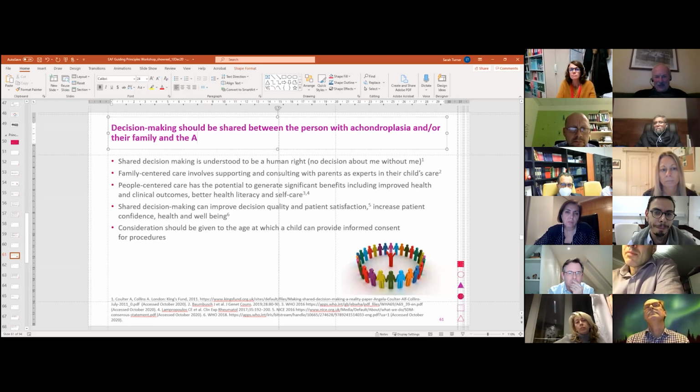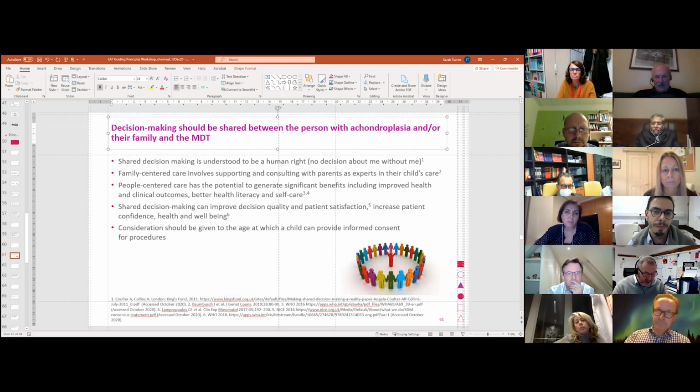I think we've introduced the multidisciplinary team in the previous recommendation, or guiding principle, where we say we should refer to a multidisciplinary team. So we have covered that to an extent.